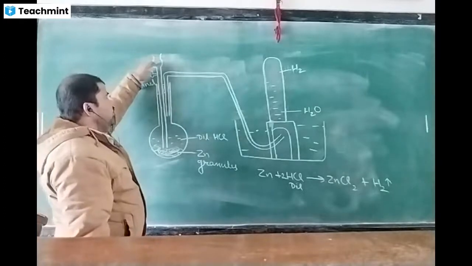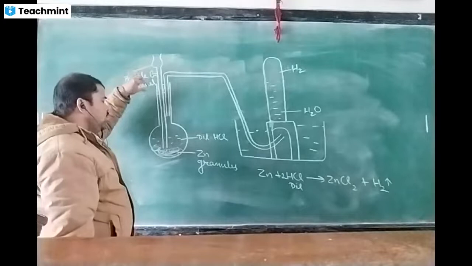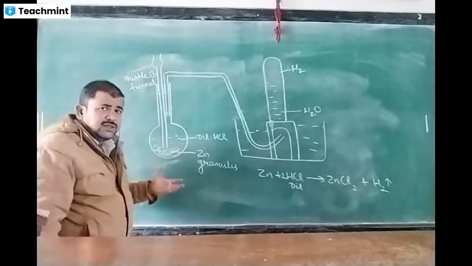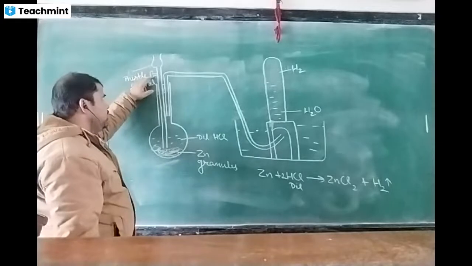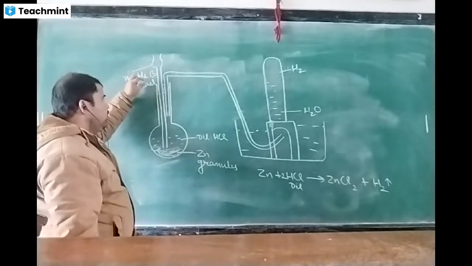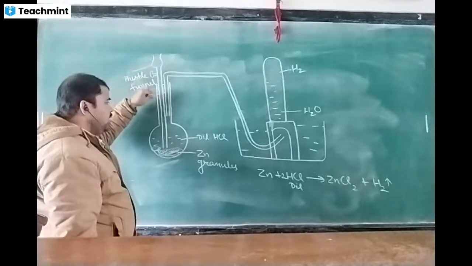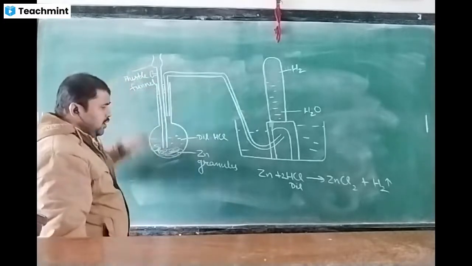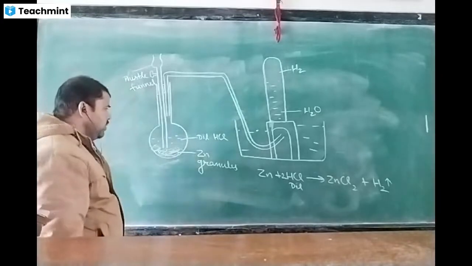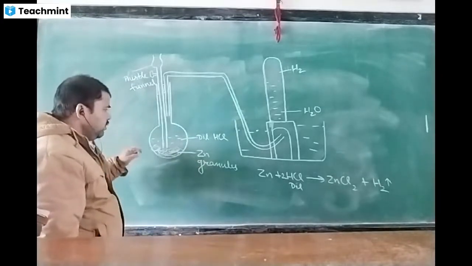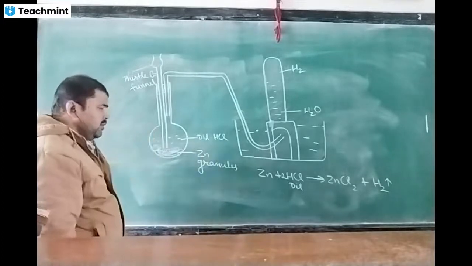We will put the dilute acid in the thistle funnel in a slow manner, because this is an acid, and for regulation a knob is given. With the help of the knob we can regulate the speed of the dilute acid. In a very slow manner we have to put it in the round bottom flask.